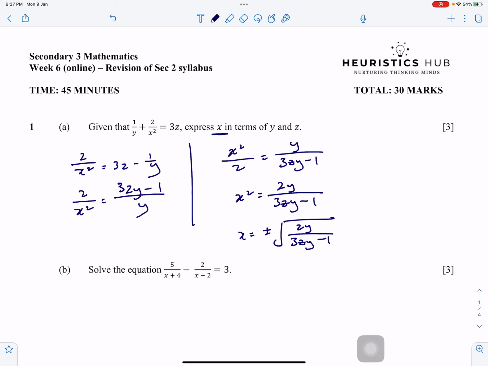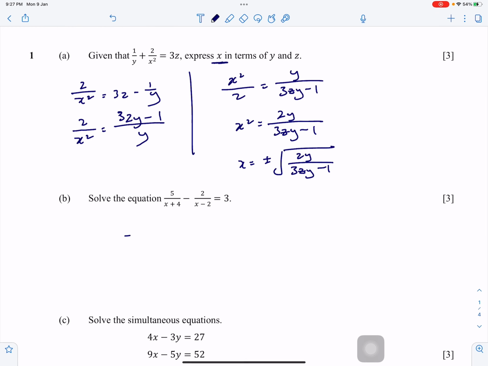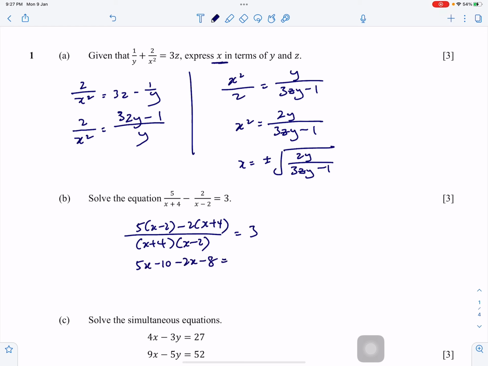Okay, so let's move on to question B. Question B itself, you can just find a common denominator. See if you are able to solve this all by yourself.